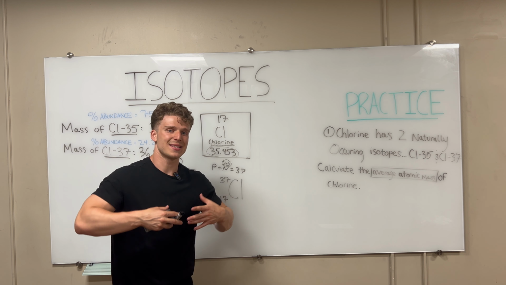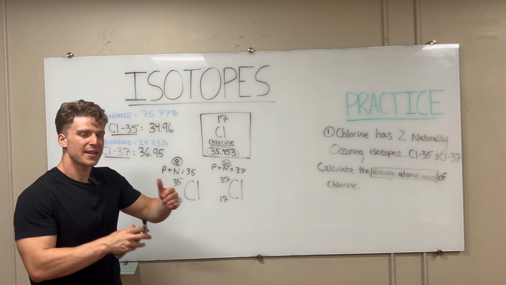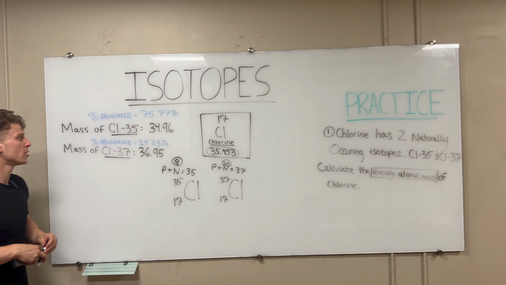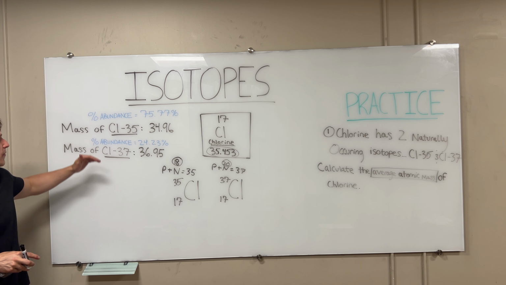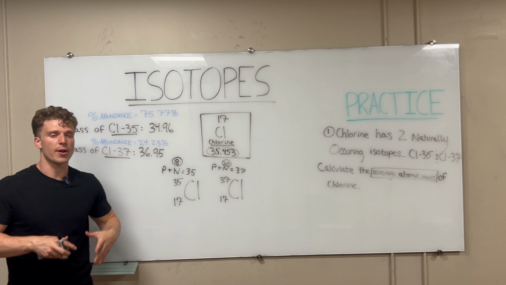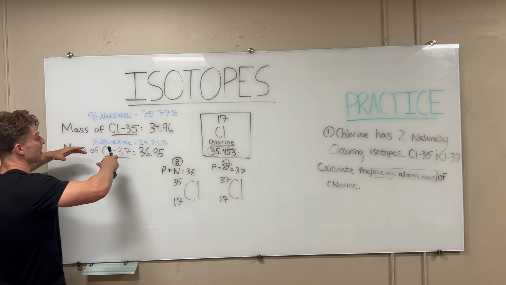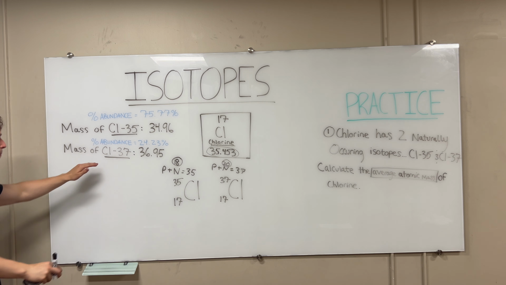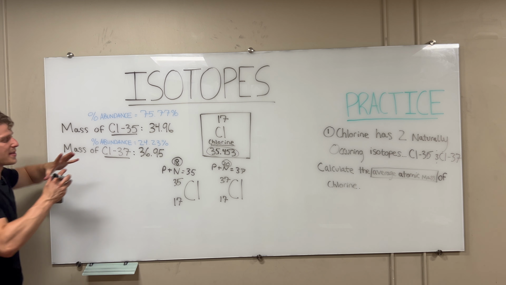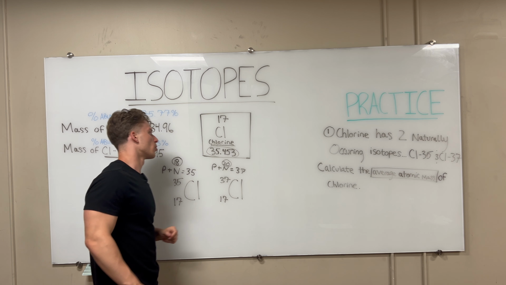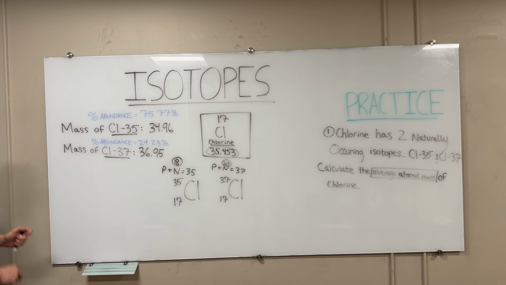Percent abundance is essentially telling you how much of each isotope you'd expect to find. So if you thought of it as a 50-50, chlorine-35, chlorine-37, you'd be thinking about it incorrectly, right? We're actually going to see more of this other isotope than this chlorine-37. So percent abundance is going to help us with this average to get this overall 35.453 number.